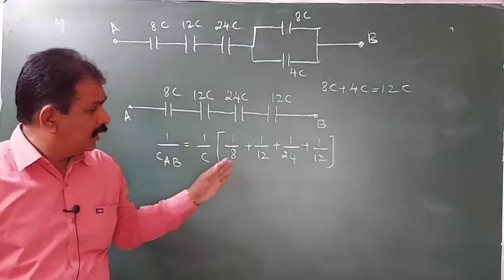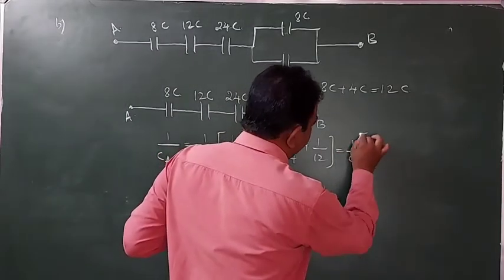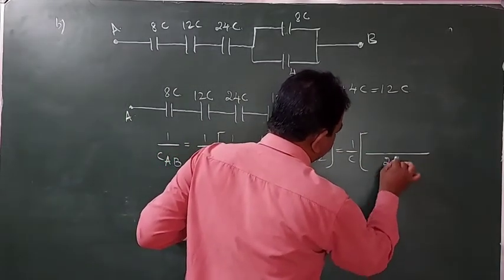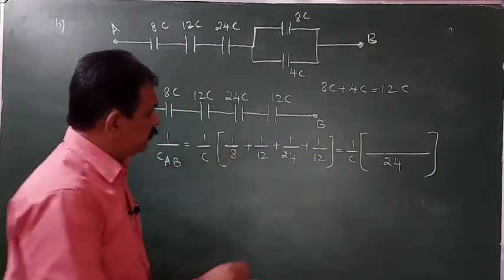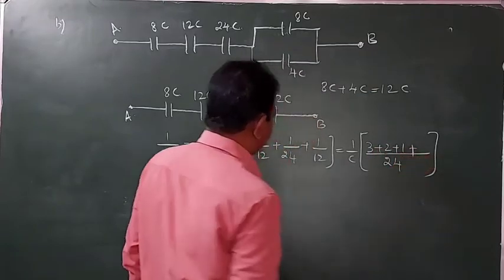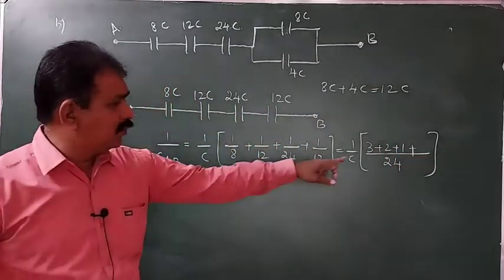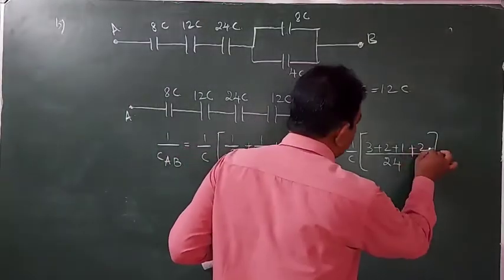Clear? LCM of all of this if we write, that will be 24. Here 8, 3 times will cancel. 12, 2 times will cancel. 24, 1 time will cancel. 12, 2 times will cancel.